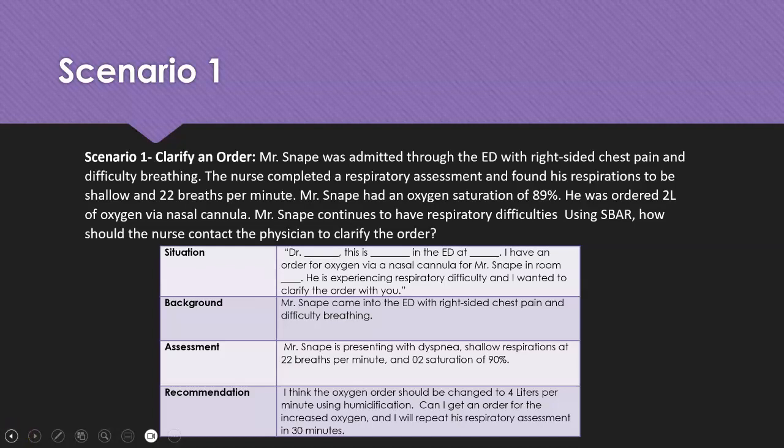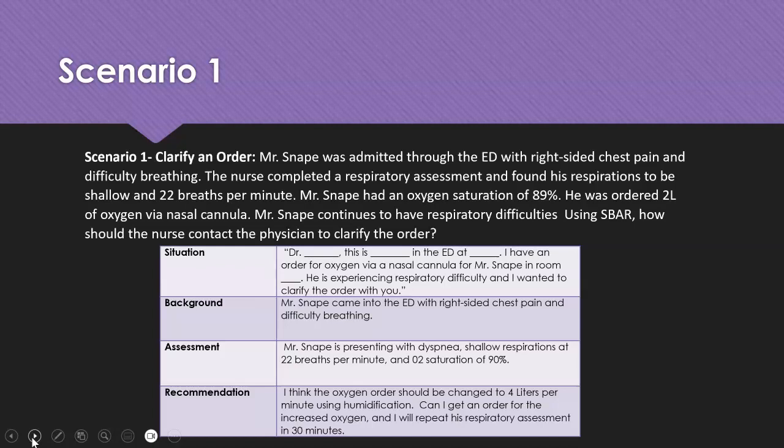And chances are, if you sound like you know what you're talking about, they will do these things for you, and they will keep it like it's supposed to be. All right. So that is you using the SBAR for this particular scenario. How many of you guys got it kind of close?